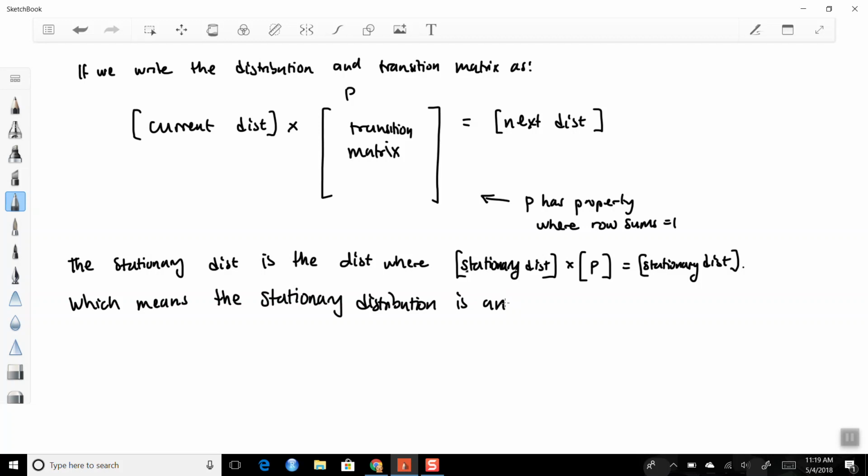It is an eigenvector of, technically, the transpose of the transition matrix.